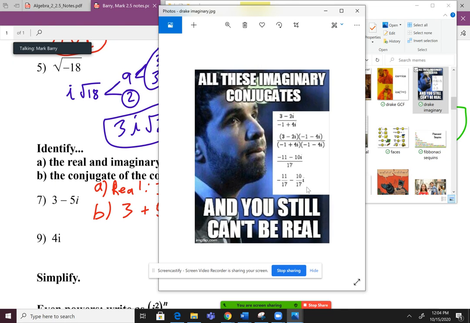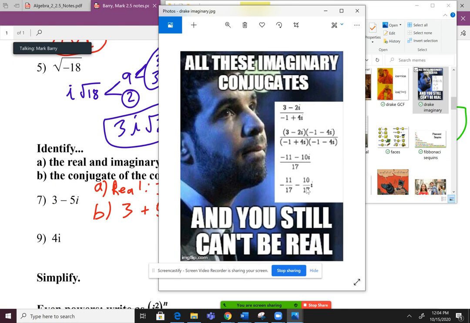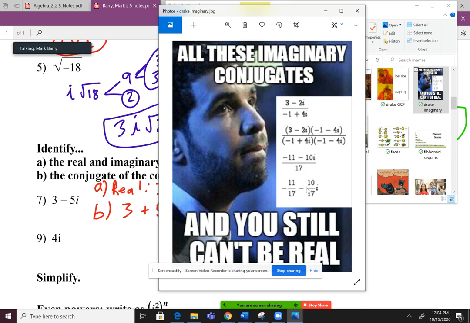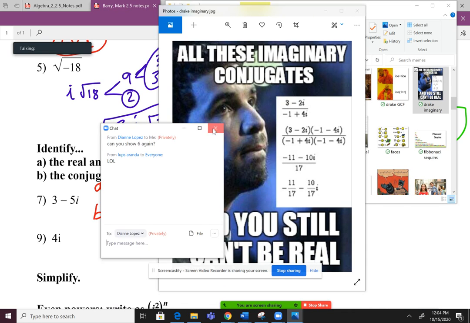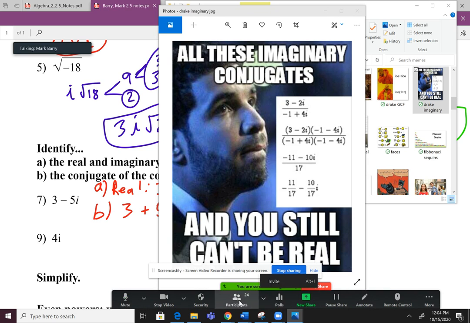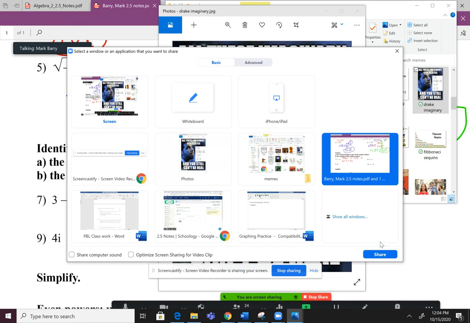All these imaginary conjugates, and you still can't be real. So look what Drake did. He had negative 4 plus 4i on bottom. So he used the conjugate, negative 4 minus 4i, okay? So be like Drake, use a conjugate. All right, so let's get back to our notes then.